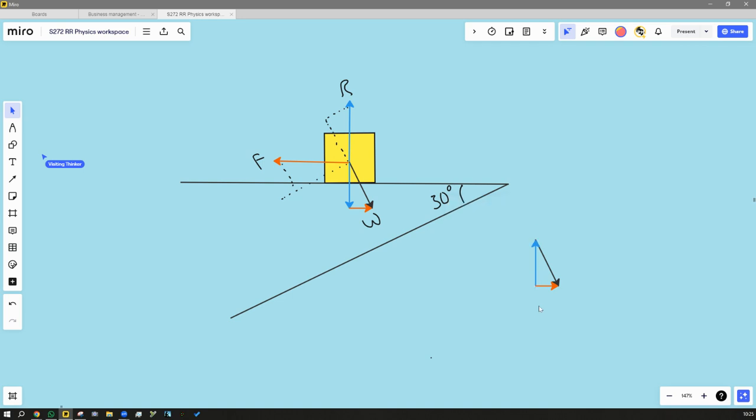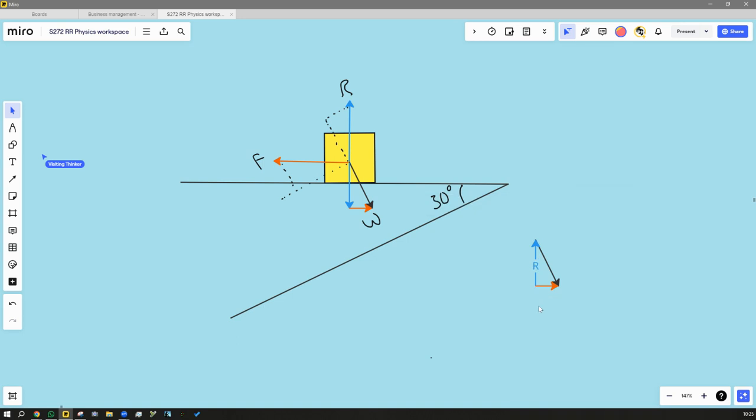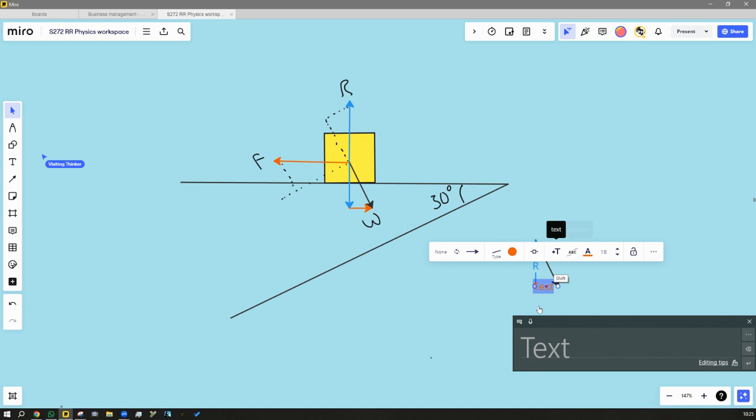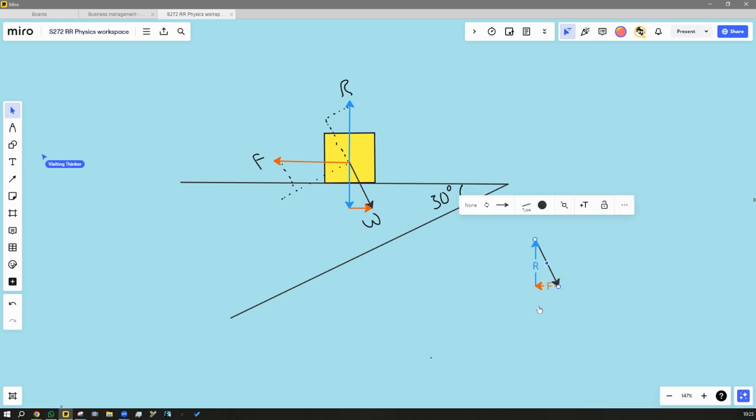So if I flip the arrow around, we can then label this blue line as the reaction force. That's way too big though. And label this orange line as friction, but I would have to flip it around. And then we could label this one as the weight, like that. Now I think I might expand that all.